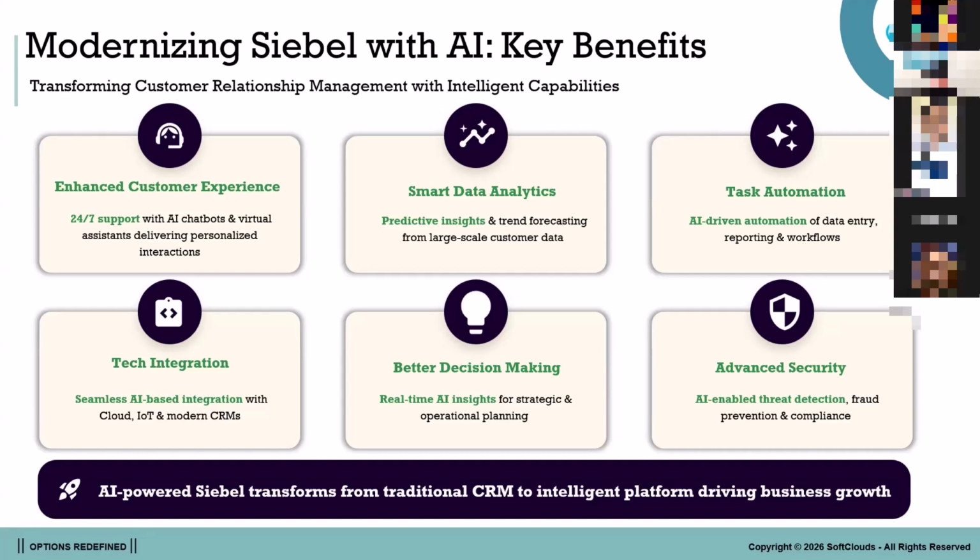And even from the administrator point of view, they don't need to roam around different screens in the CRM or Siebel to look for specific data. We can have this agentic AI plugged into Siebel, and they can use this simple AI chatbot as an agent. They can query, they can do any kind of actions as per the business process flow. That is one area.